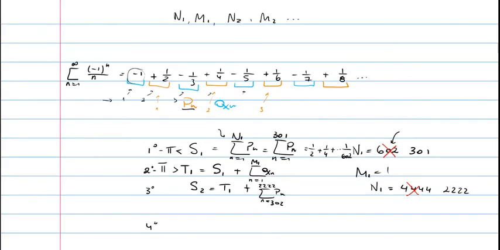And now in the fourth step, we had T2, that was S2 as a previous sum plus the sum from n equals 2, because it was m1 plus 1, up to m2 of q sub n.